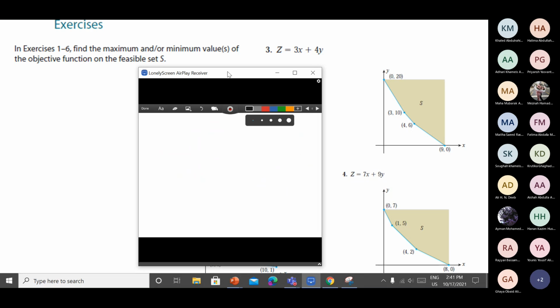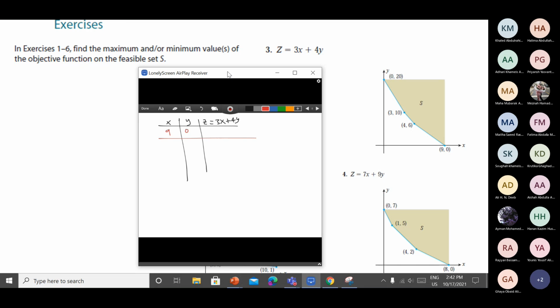He graphed for me the constraints or inequalities, and he would like me to find the maximum and minimum, right? So I'll have the corners, and my z in this case is 3x plus 4y. The first point is 9, 0.